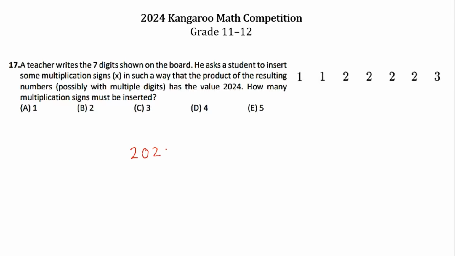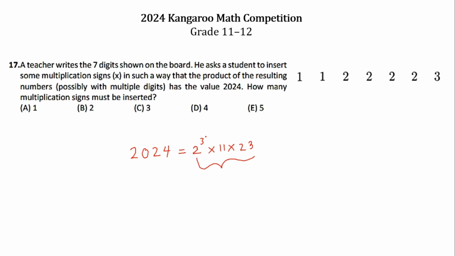Take note that the prime factorization of 2024 is 2 raised to 3 times 11 times 23. So from this prime factorization of 2024, it's clear that we treat the first two digits 1 1 as a single number, so that's 11, and the last two digits 2 3 as a single number again, so that's 23.